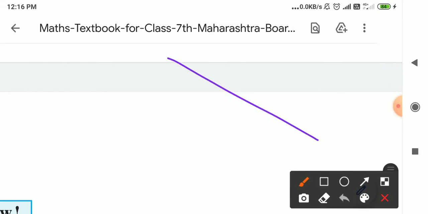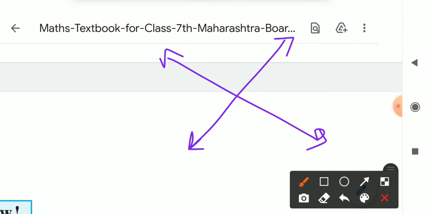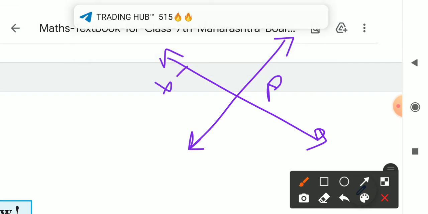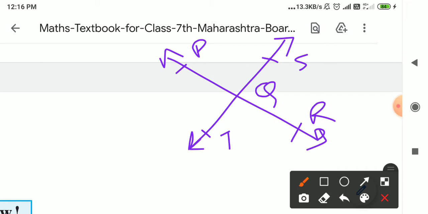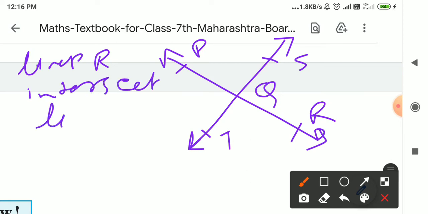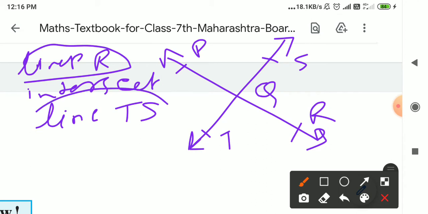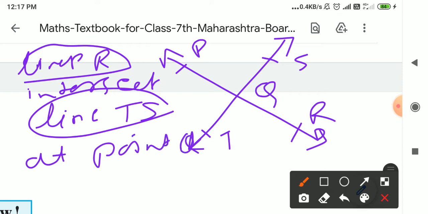Suppose I take two lines that intersect each other at point Q. Suppose the points are P, Q, R, S and T. Line PR intersects line TS at point Q.